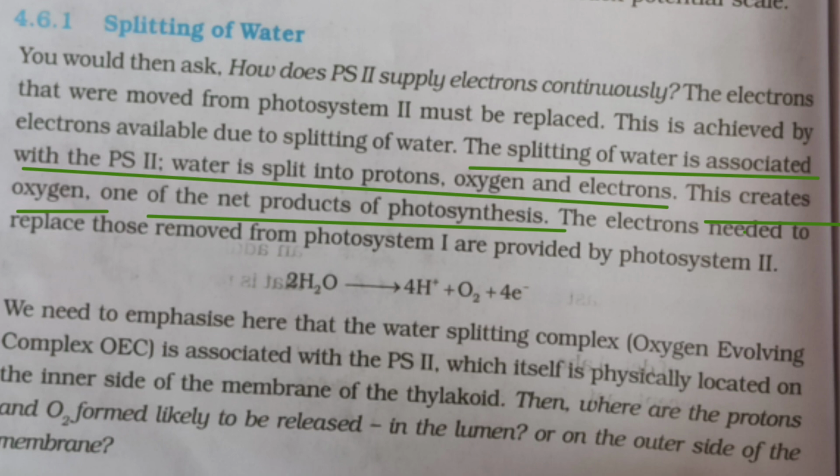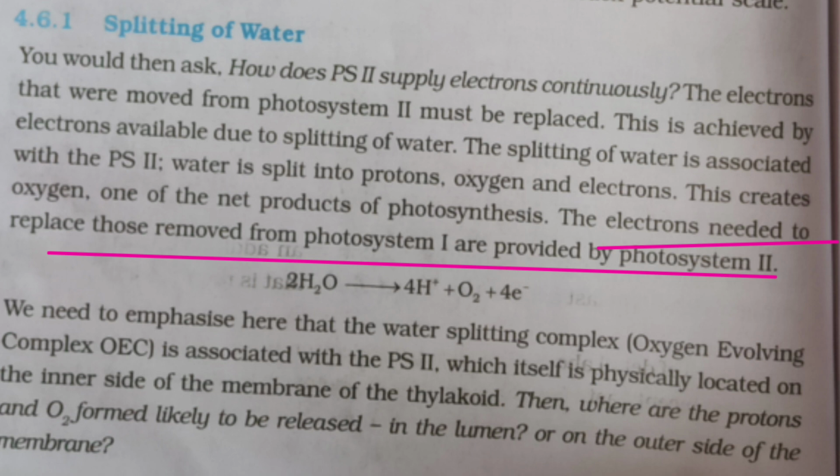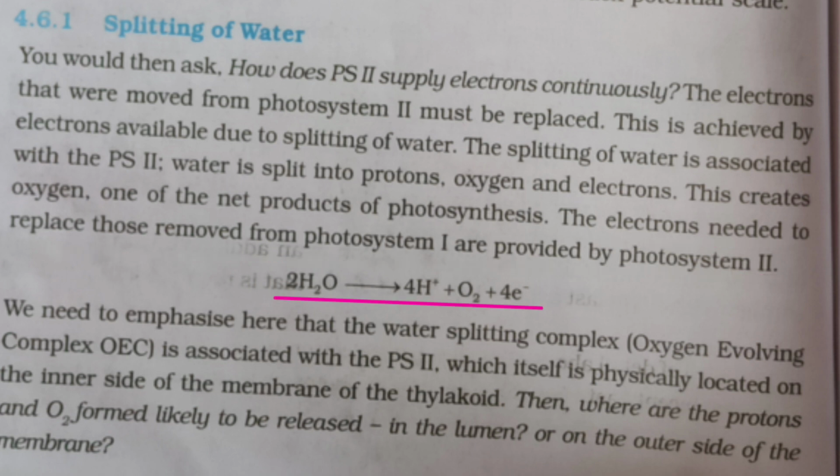This creates oxygen, one of the net products of photosynthesis. The electrons needed to replace those removed from photosystem 1 are provided by photosystem 2. 2H2O gives rise to 4H+, O2 and 4 electrons.